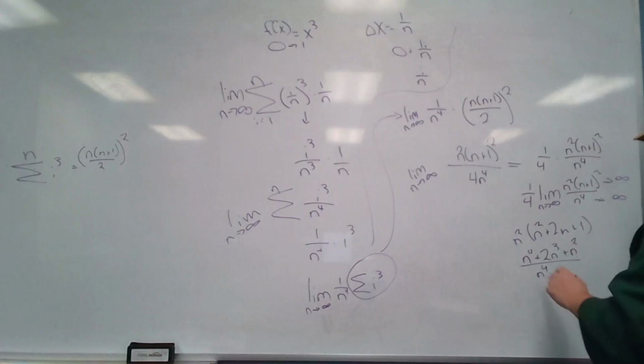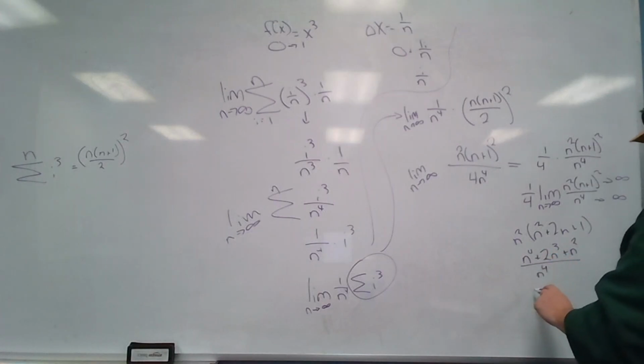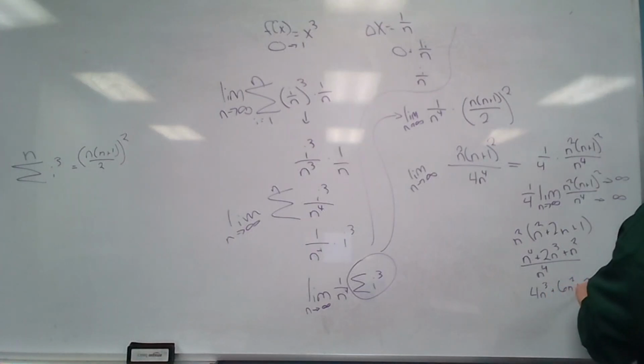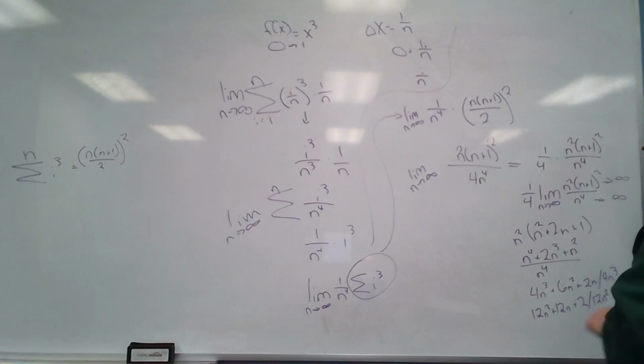So we're going to get 4n cubed plus 6n squared plus 2n over 4n cubed. Then we're going to get 12n squared plus 12n plus 2 over 12n squared. These are going to go with each other because both are n to the power 4.